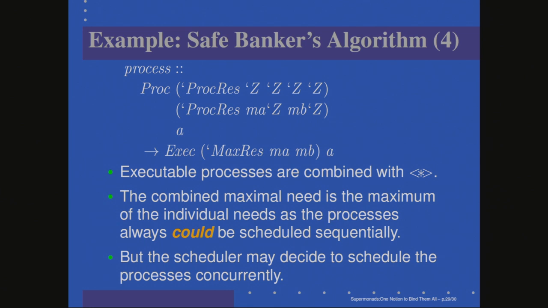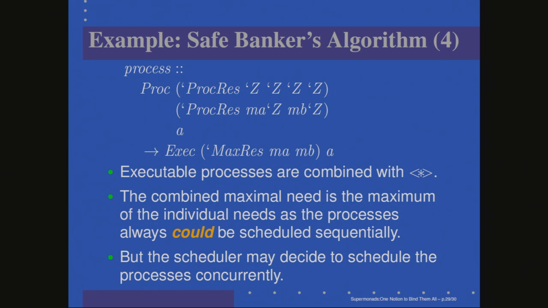Okay. And then we get something we can call exec, which is this element of the graded monad, graded applicative, with the pair of the maximal needs in the type index. And now we can just combine executable processes with the applicative operator.